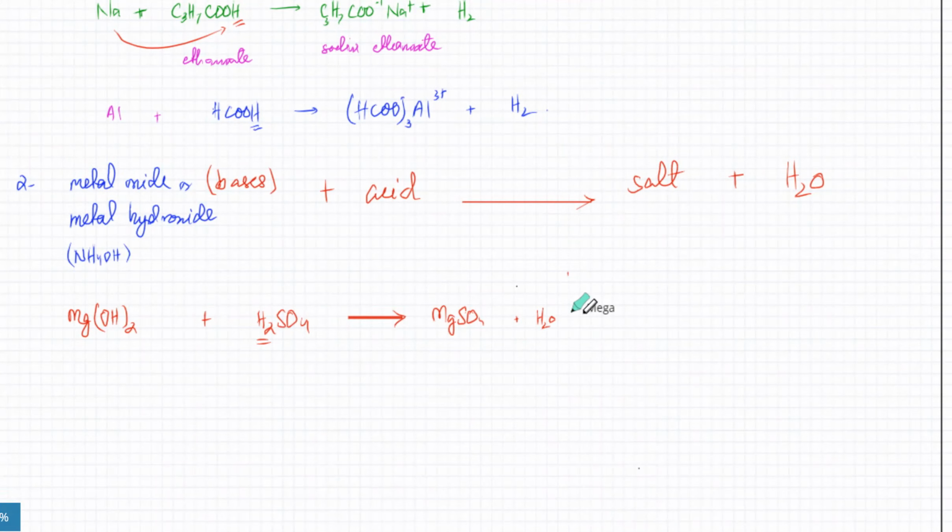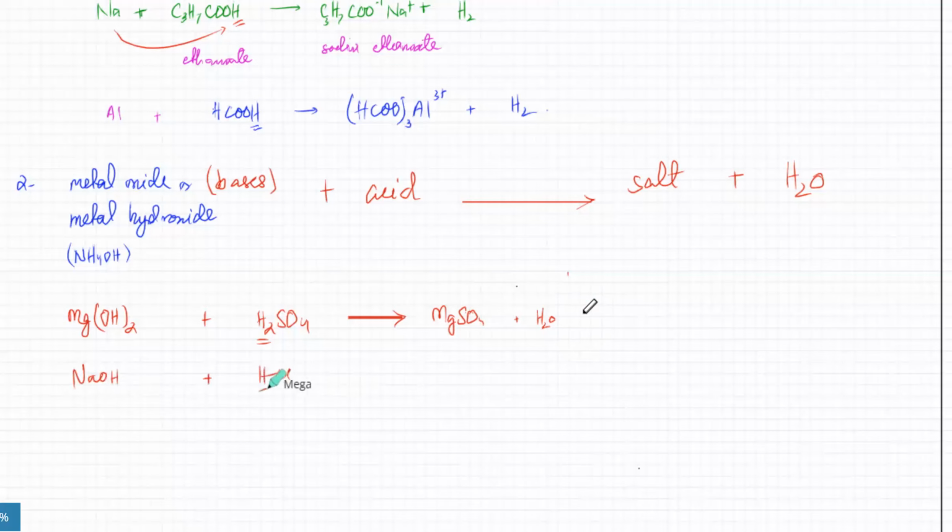For carboxylic acid, we'll do pretty much the same. Let's do one more reaction. I've got NaOH reacting with HCl.